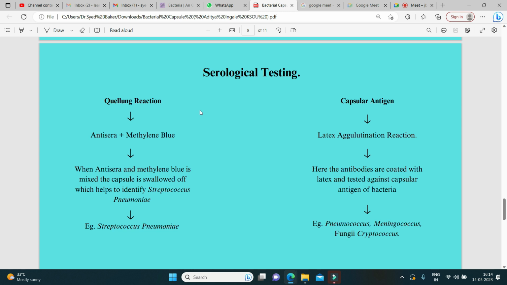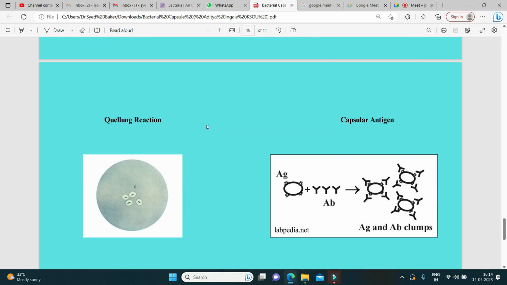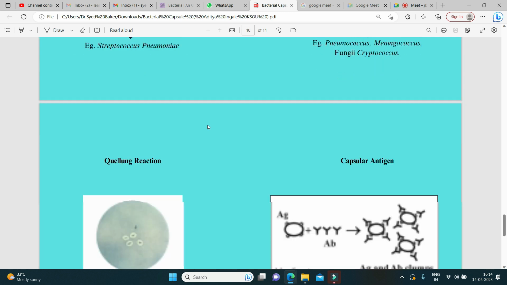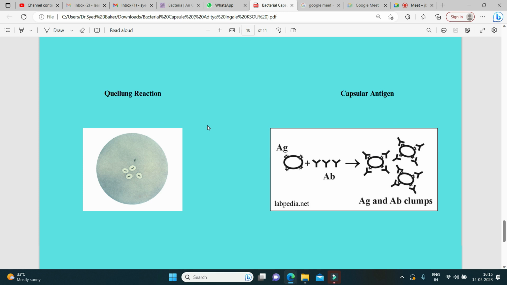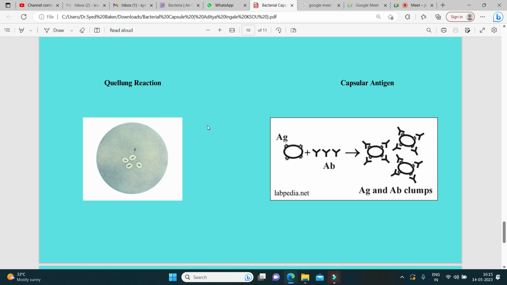Now the capsular antigen, which is the second part of serological testing, uses a latex agglutination reaction. Here the antibodies are coated with latex and tested against the bacterial capsule antigen of the bacteria. So, understood?